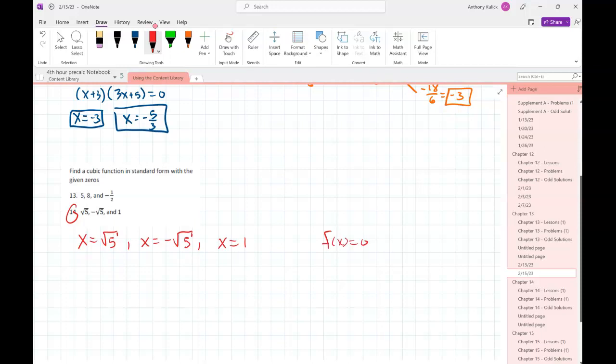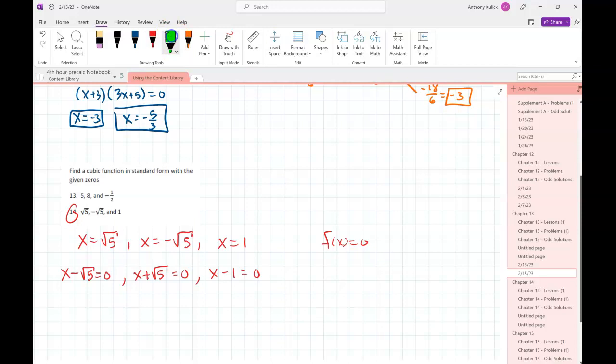Does that feel okay? So what I'm going to do is, for each one of those solutions, I'm going to move everything onto one side so that they're equal to 0. Which is all fine, right?